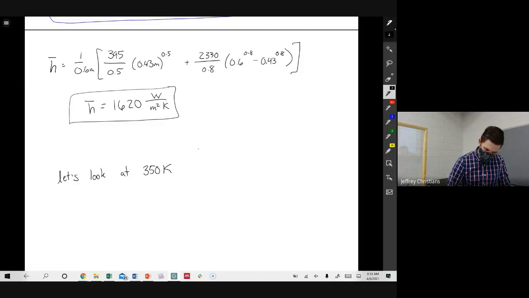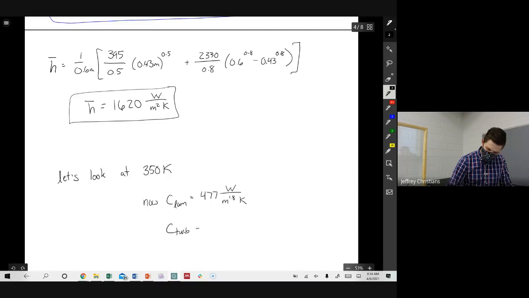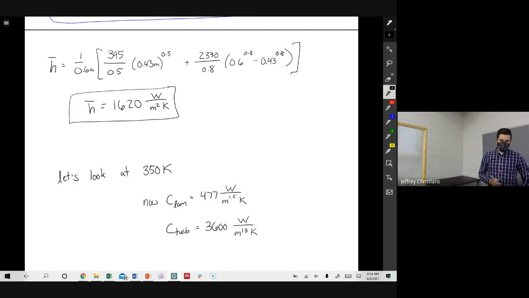So now C lam is 477 watts per meter to the 1.8 K. C turb is 3,600 watts. Or, sorry, this should be to the 1.5. This is to the 1.8. Okay. So we're going to get slight changes, but not a lot.